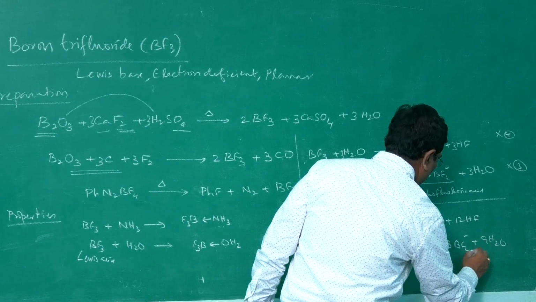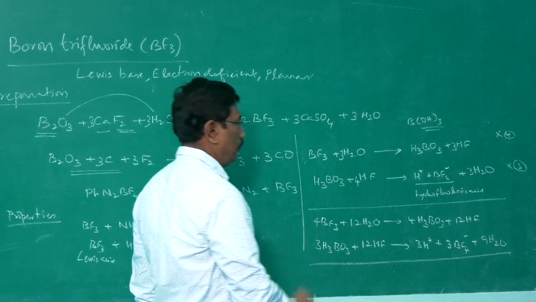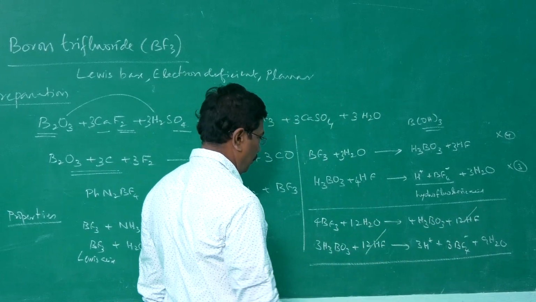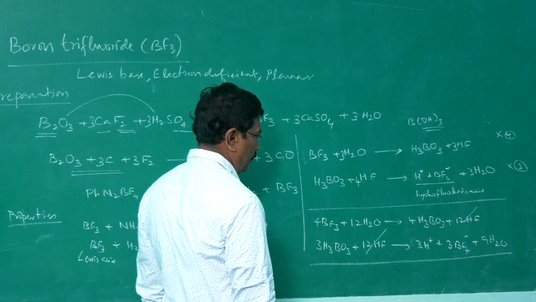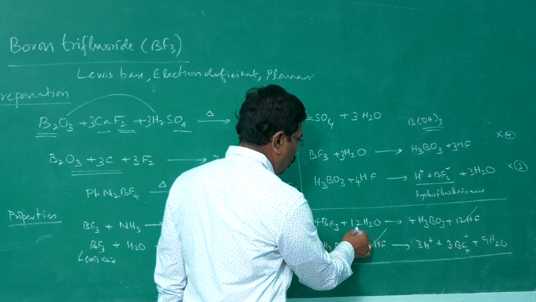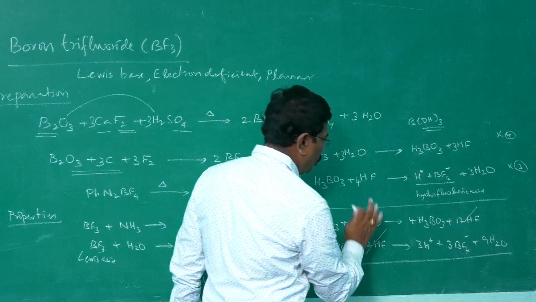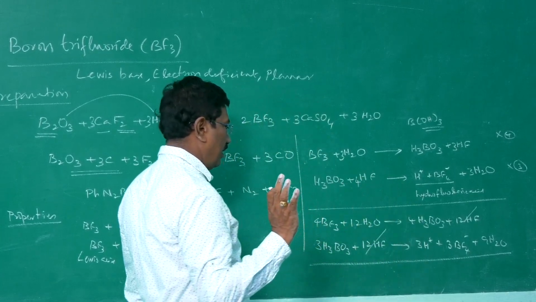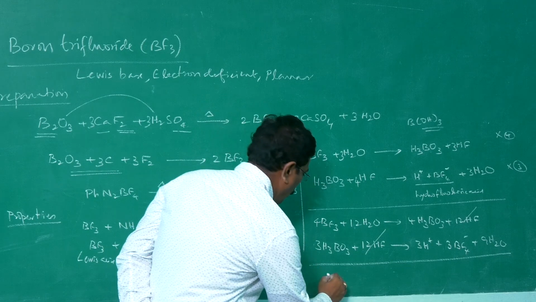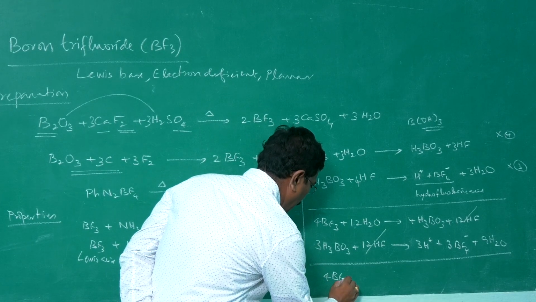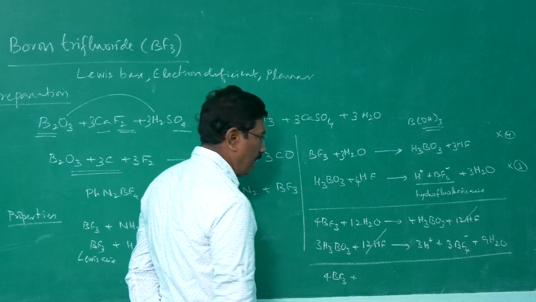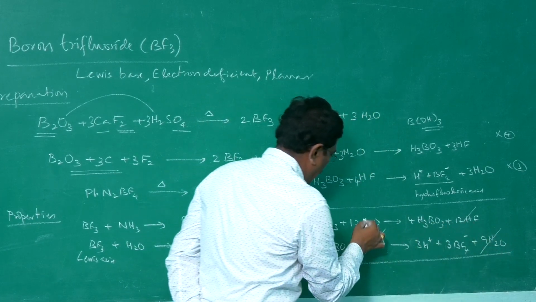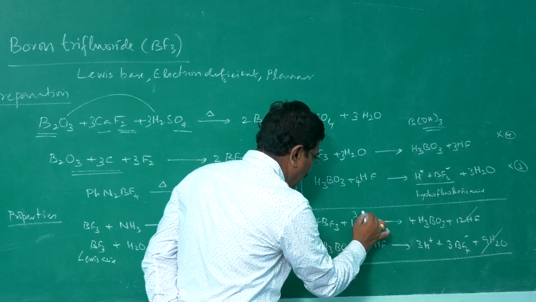If I sum up now, HF and HF get cancelled. Of 12H2O here and 9, 9H2O will get cancelled. 3H3BO3 will get cancelled. So the equation may be 4BF3, boron trifluoride, plus 3H2O remains.